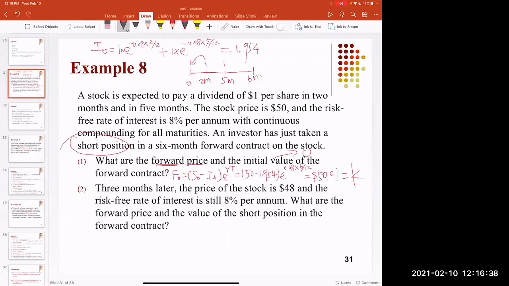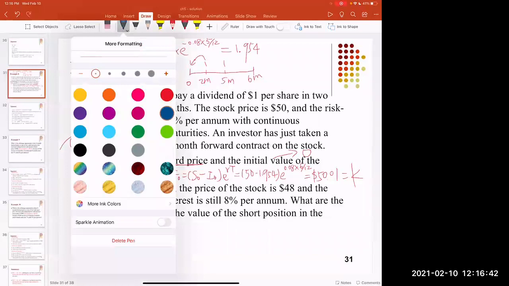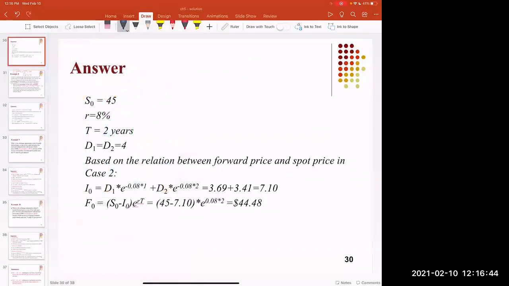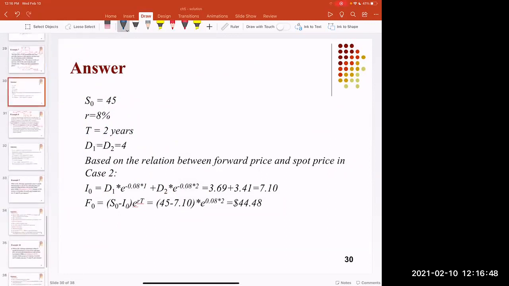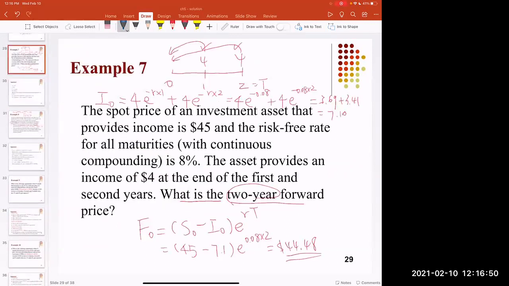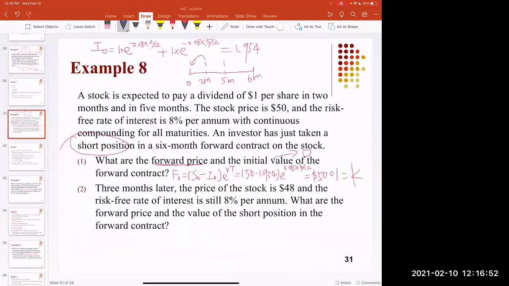Question 2. After 3 months, which is the example here. So 3 months later, the price of the stock is 48.